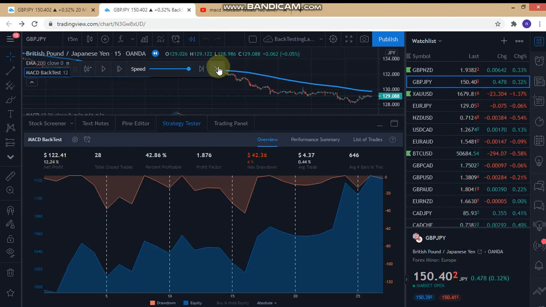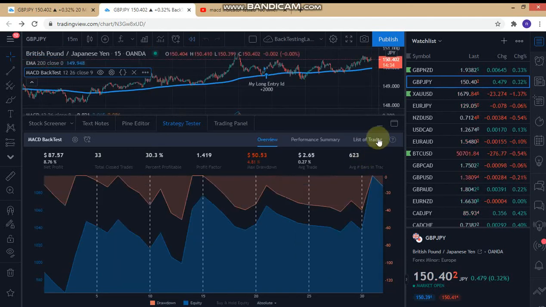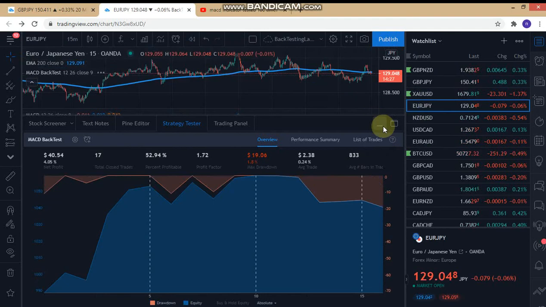Then while we're here, let's just look at how this behaves on some of the other currencies. Euro Japan. It's okay, but we're only looking at 17 trades.